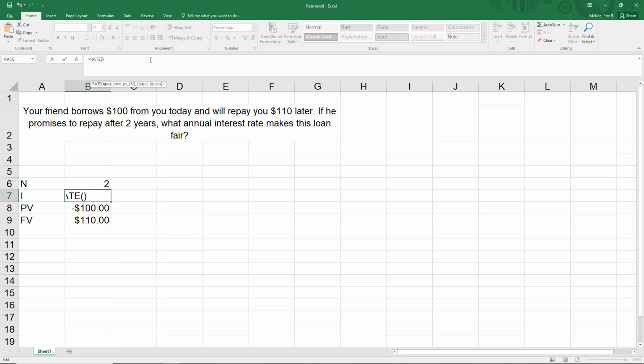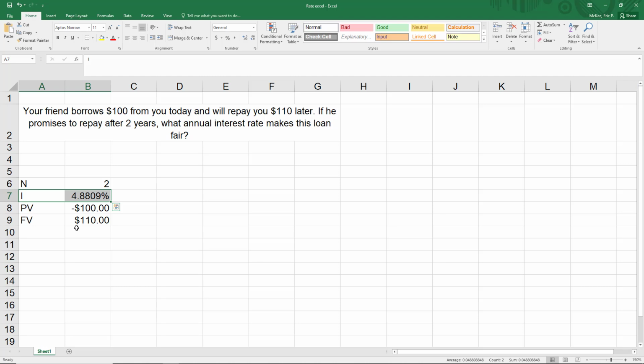So number of periods, I entered the value here in B6, so I type in B6, and Excel knows to take that value. PMT, payment, there's no cell to reference here, we'll just leave it at 0 still. And then present value is B8, and future value B9. I get that exact same 4.88% that I had before.